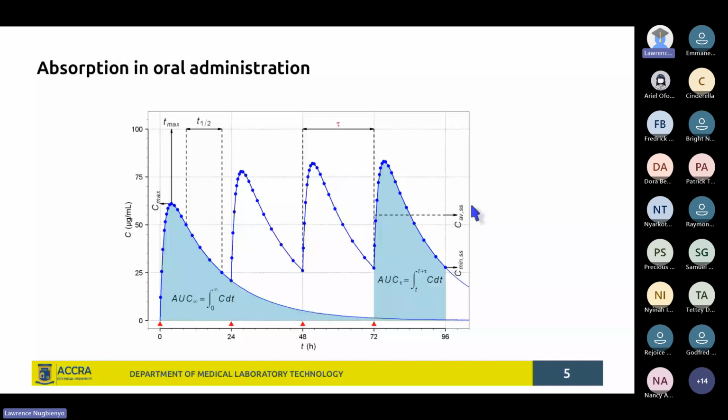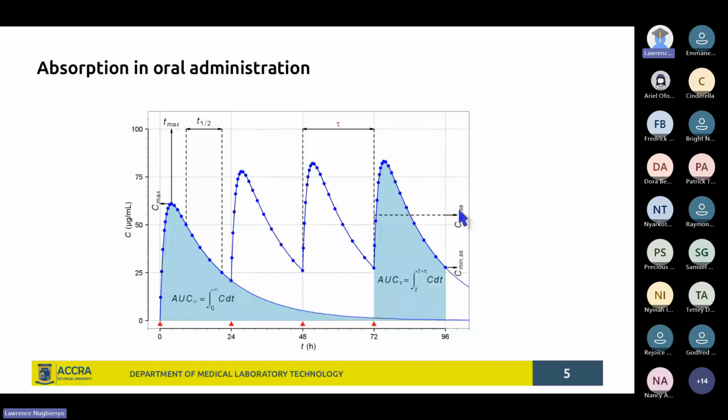A safety corridor in the sense that if the concentration of that substance goes above that maximum concentration, then that substance begins to have a toxic effect. And so it is within the interval between the minimum concentration and the maximum concentration that the drug will have its therapeutic effect.